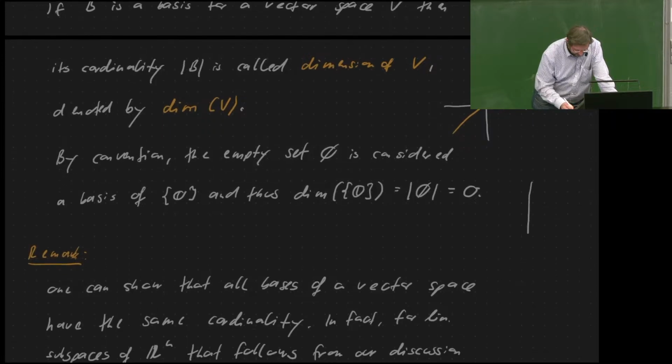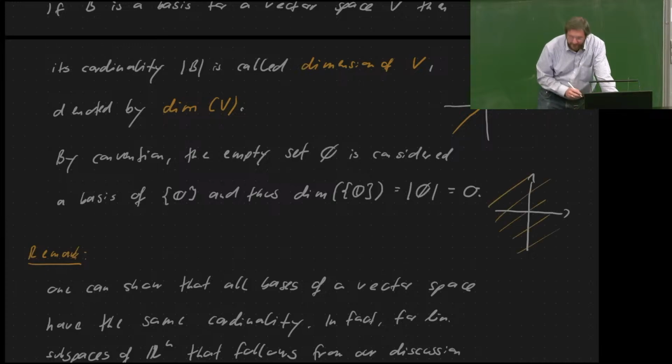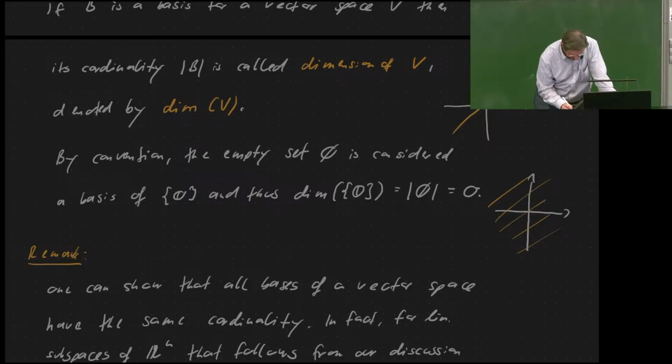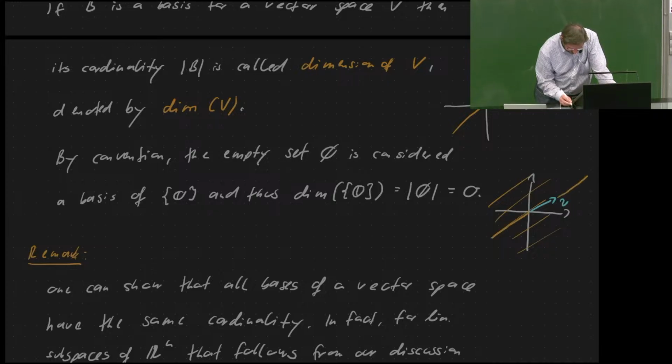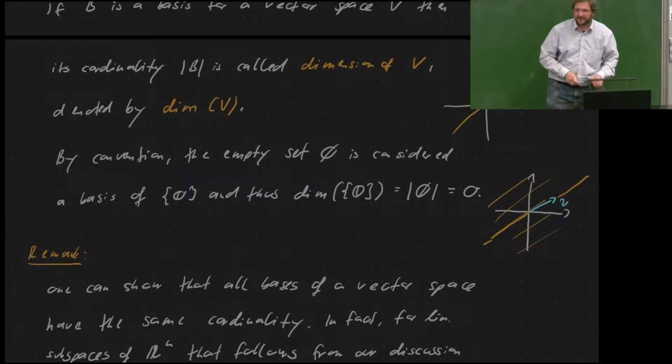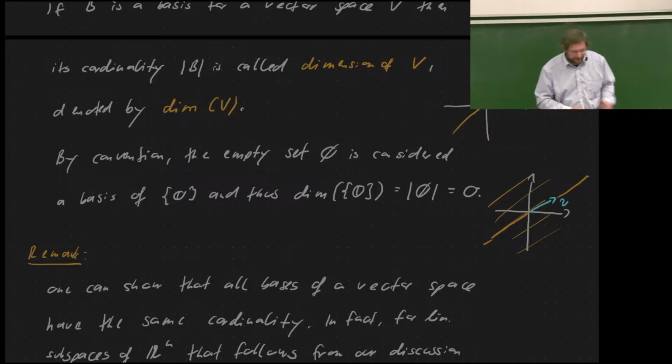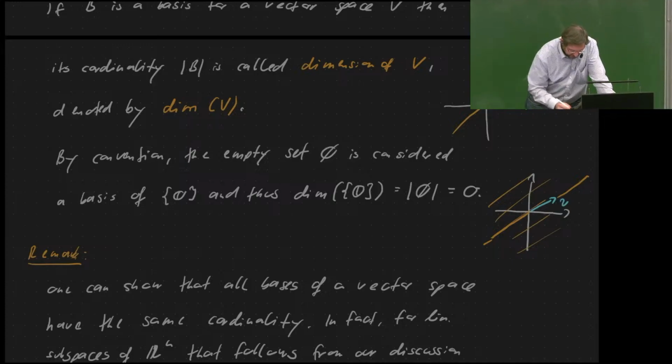And the other possibility in R2 could be to generate the whole space, right? So now I want everything, the whole plane. How do I get that? Well, I could again start with one line. Well, let's take this here, v. And we've seen already that this vector generates the linear subspace given by that line. So that's not sufficient to generate the whole space. We need to add another direction.